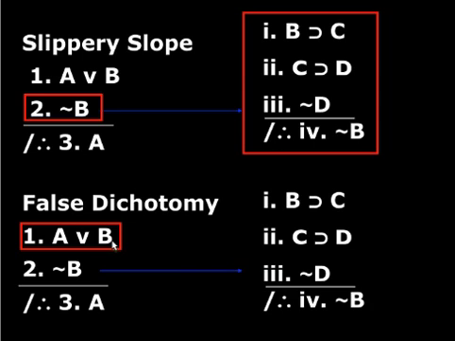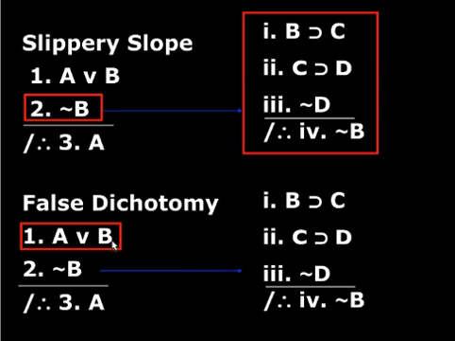I could commit what's really a false dichotomy fallacy even if I say something like this. Well, there's only three options: there's my position, and there's Smith's and Jones' positions. Then I argue against Smith's position, I argue against Jones' position, and I say, well, therefore it must be mine. Where really there's a fourth option, or a fifth, and I haven't argued against those.